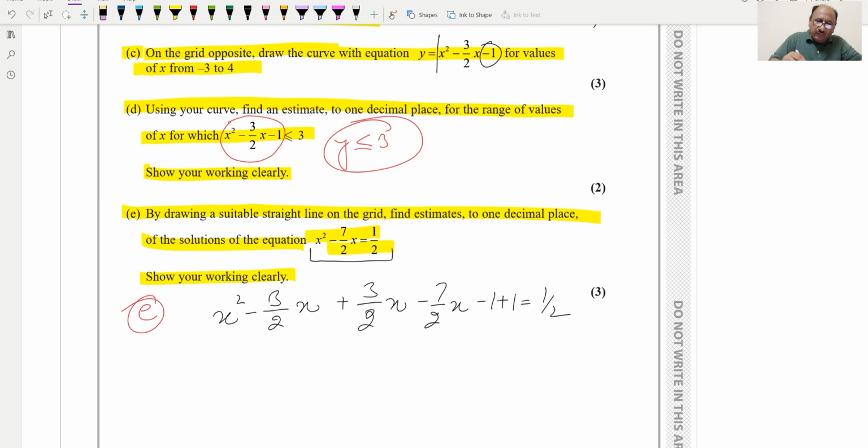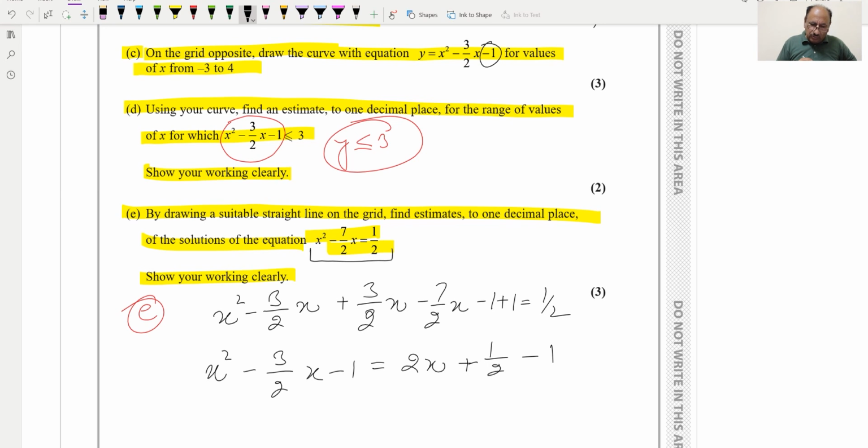So now what we will be doing, we will be rewriting it as x squared, and this will be minus 3 by 2x and plus basically minus 1. These things we will keep on this side, and the rest we will be shifting on the other side, and that will be what? First we can, so this will be equal to 2x and plus 1 by 2 and minus 1.